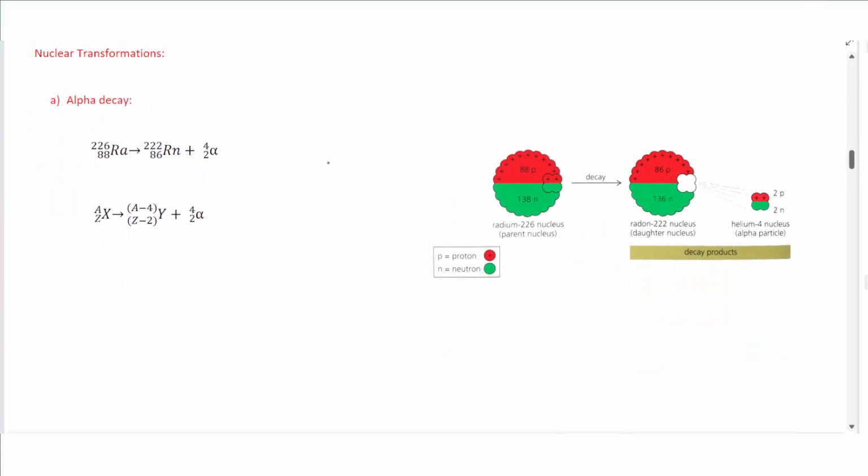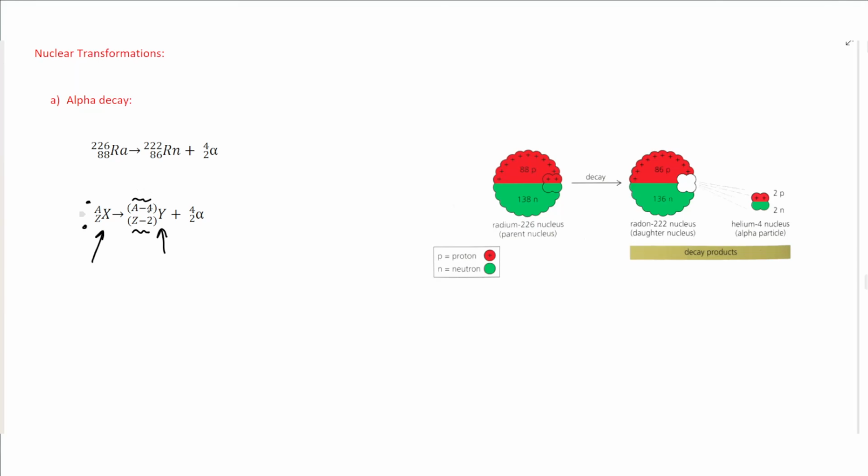As for the nuclear transformations caused by the alpha and beta decays, they always cause the radioactive material to change into a new material or a new nucleus with a different proton number. So if you have an element called X with a nucleon number A and proton number Z, it will change into a new nuclide or new element called Y, for example, and this element has fewer protons and fewer nucleons.